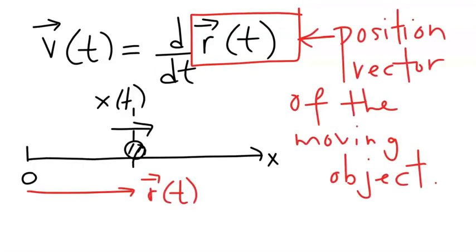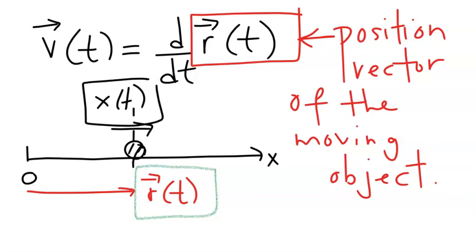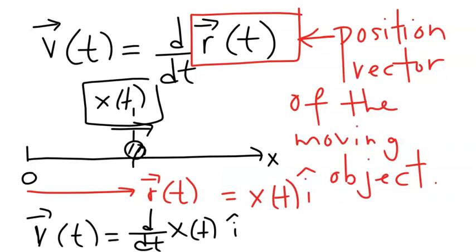So for an object that's moving along the positive x-axis as shown in this diagram, the position vector of this object is r(t). And if the x-coordinate at a particular instant is x(t), then r(t), the position vector, can be written as x(t) i hat. And the expression for the instantaneous velocity for this object is given by that expression in that green box, d/dt of x(t) i hat.